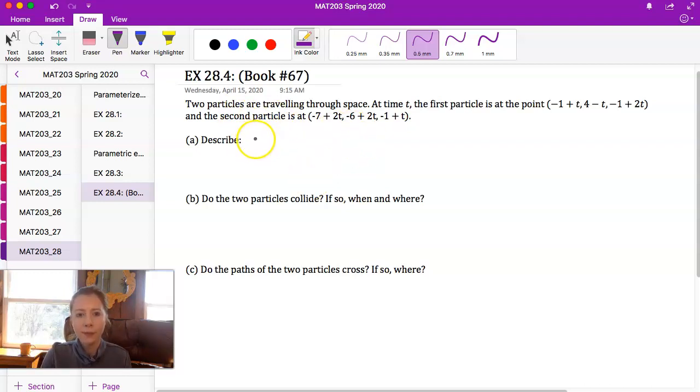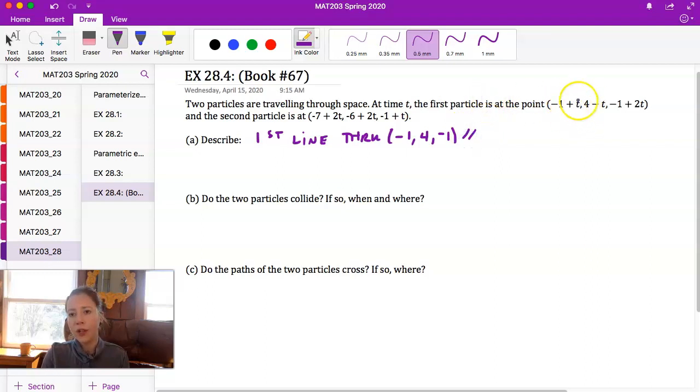The first line goes through the point minus 1, 4, minus 1, and is parallel to the vector.